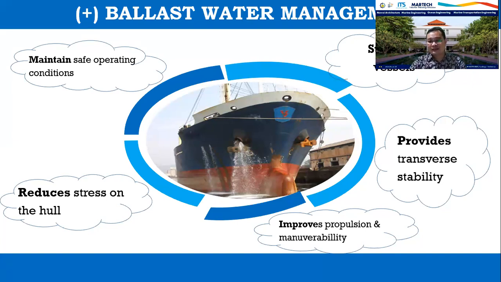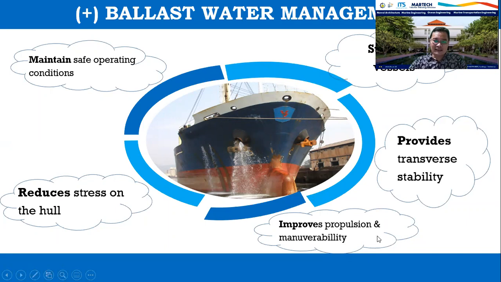Then it will be very dangerous because the ship will get some force, like hogging and sagging. So it's very important: when a ship is getting sagging or hogging, like this one, and there is no ballast water inside, or there is no cargo, then it will be very dangerous to the strength of the hull. Therefore, another purpose is to reduce the stress on the hull.